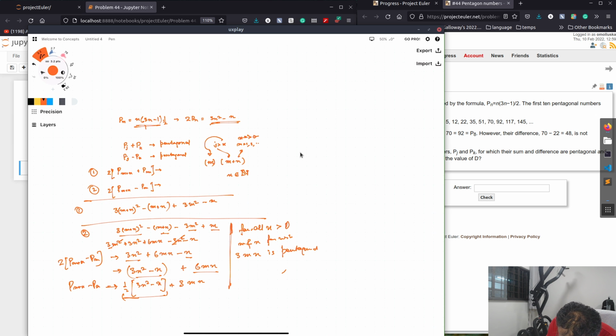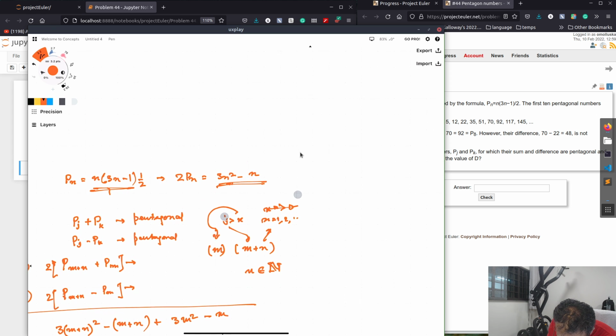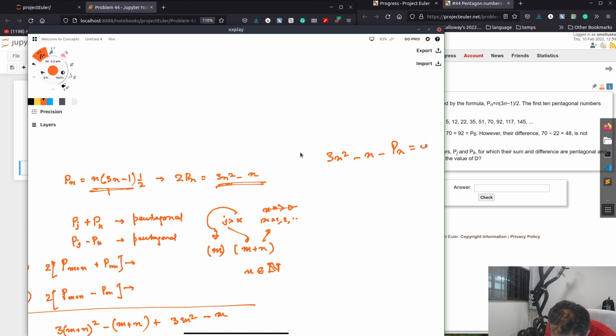Let's see. There's also the other property where 3n squared minus n minus 2p(n) equals 0.